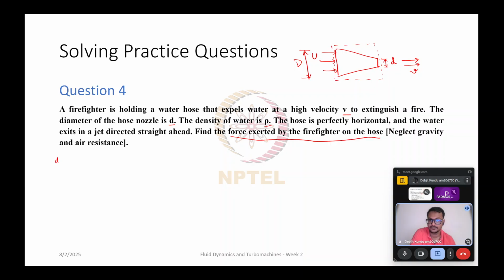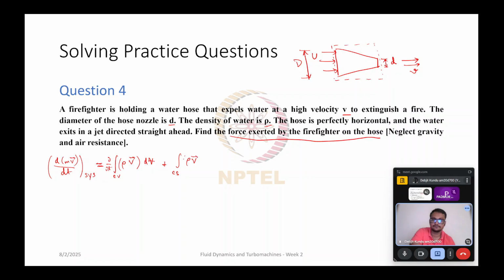The general form says that the rate of change of momentum of the whole system should be equal to the time rate of change of momentum within the control volume plus the net efflux, the integral over the control surface.